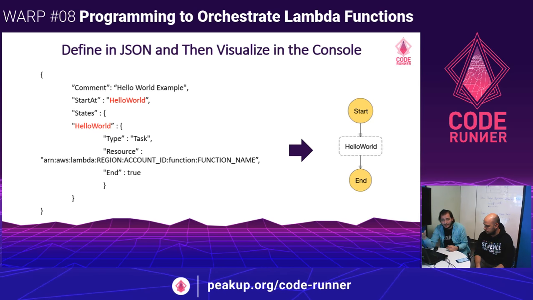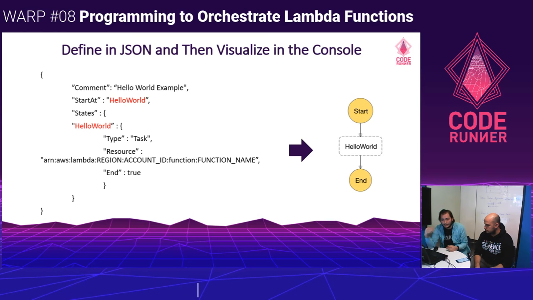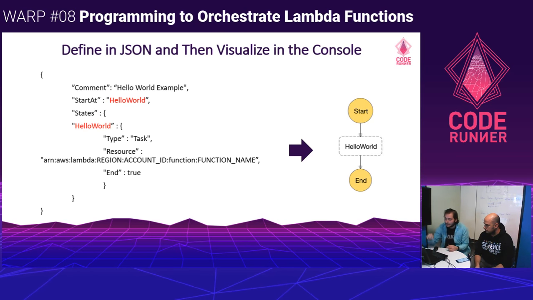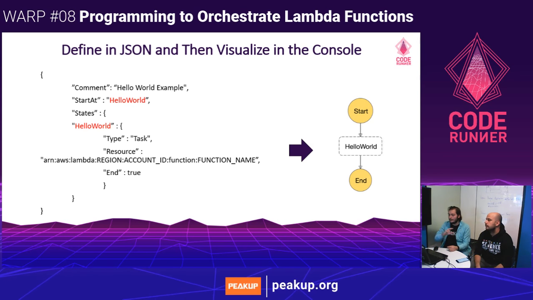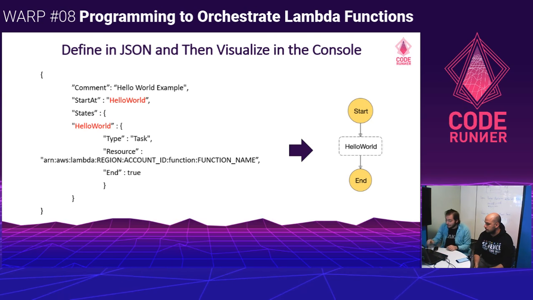You give it a function to call, and if you want to end the process there, you can tell it this is the end. That pops up the start and end in the visualization of the step functions.